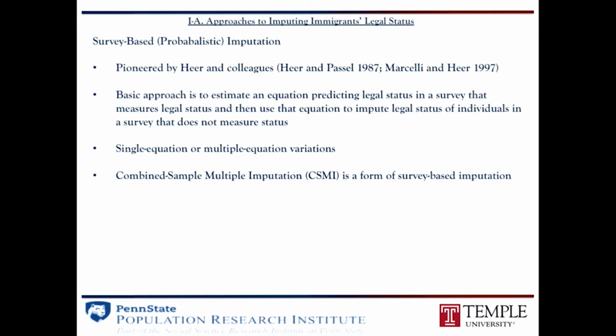They then used that to create a prediction model, with age, sex, country of birth, and a bunch of other demographic variables predicting whether or not that person said they were undocumented. Then they used that in the census to get a probability that each person is undocumented based on that prediction model.